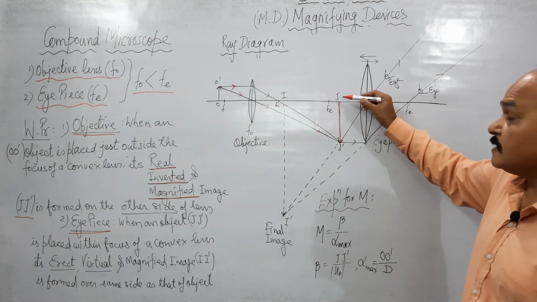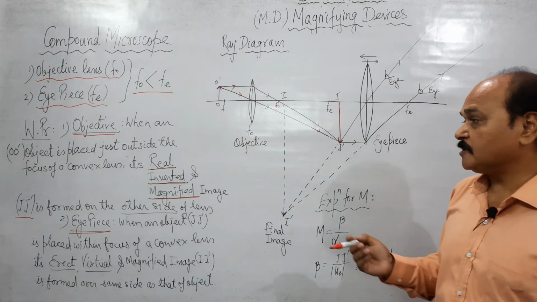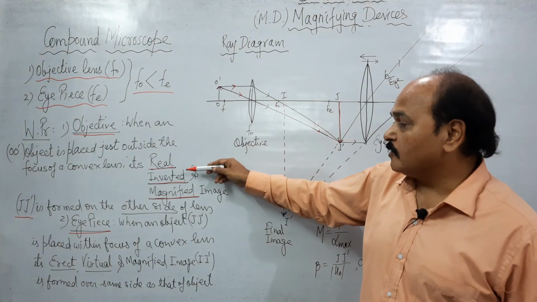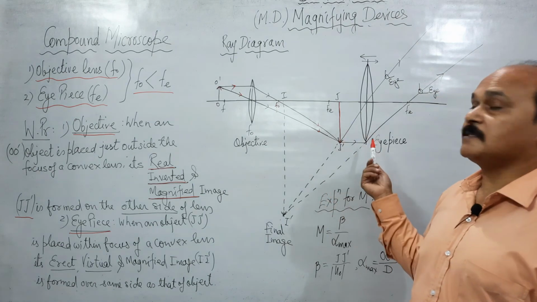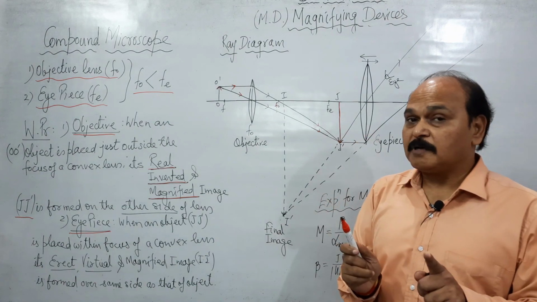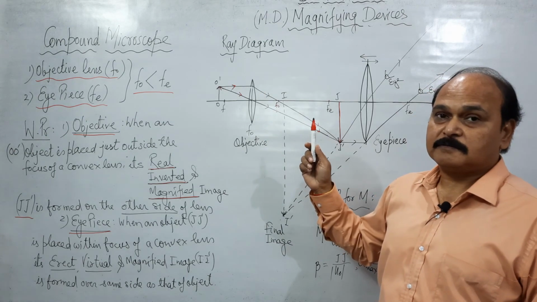This JJ dash is the intermediate image, and its properties are: it is real, inverted, magnified, and of course it is formed on the other side. So this is the working principle as well as the working of the objective lens.